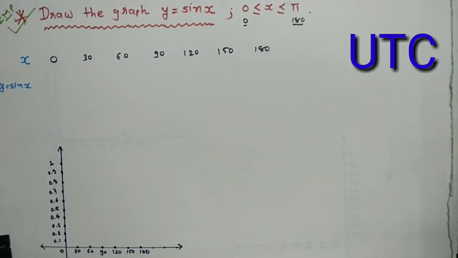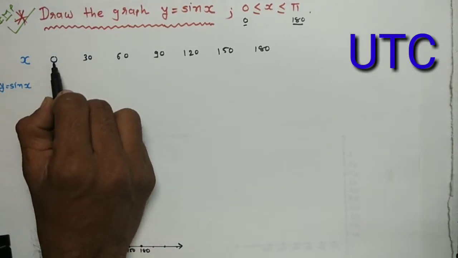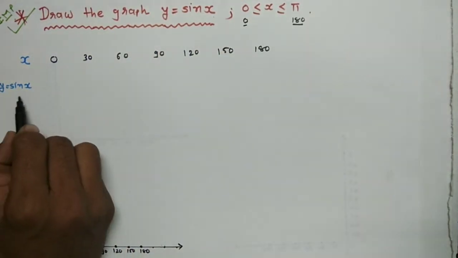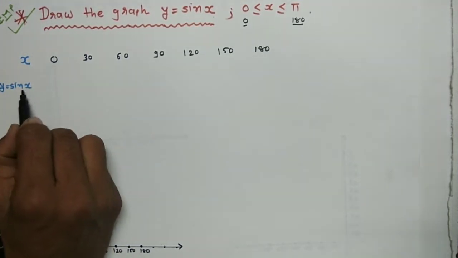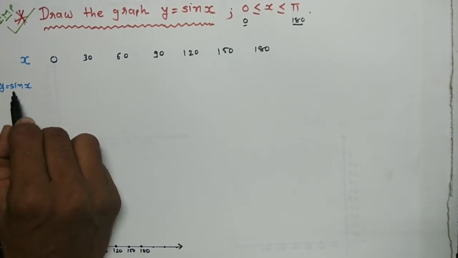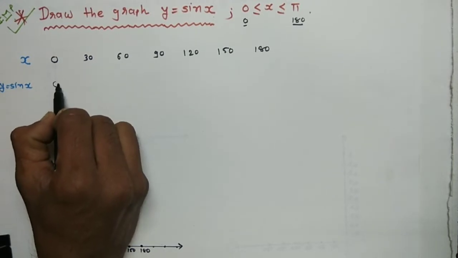Now put the value x is equal to 0 in the function y is equal to sin x. So y is equal to sin 0, and we know that the value of sin 0 is 0.